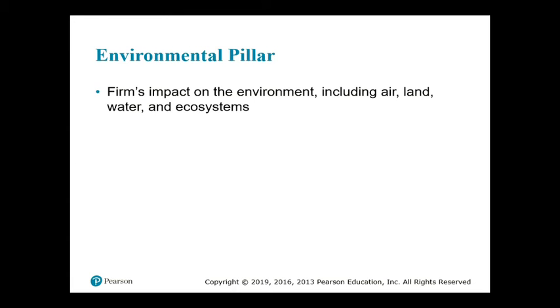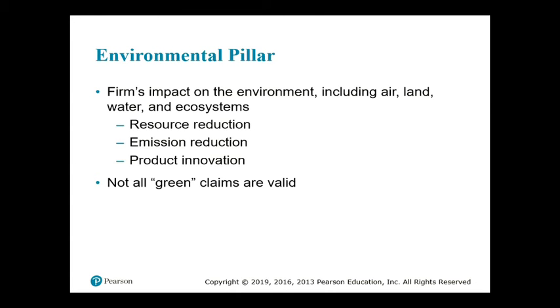In terms of governing the environmental pillar, we look at the firm's impact on environmental aspects, the air, land, water, and other ecosystems. And we look at possible efforts for reducing resource consumption, for reducing emissions through the process and through product innovation.